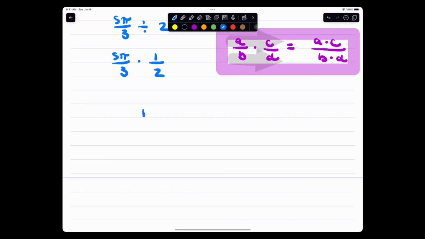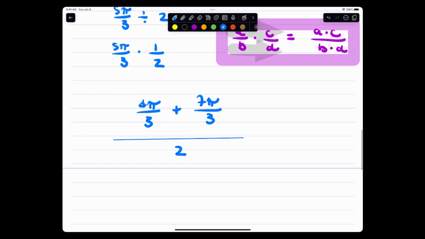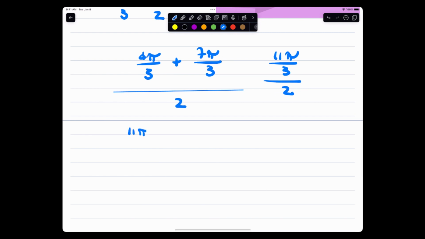Okay, so what do? 4 pi over 3 plus 7 pi over 3 over what? Over 2. Which gives you 11 pi over 3 over 2, which is 11 pi over 3 divided by 2. 11 pi over 3 times 1/2, which is 11 pi over 6.